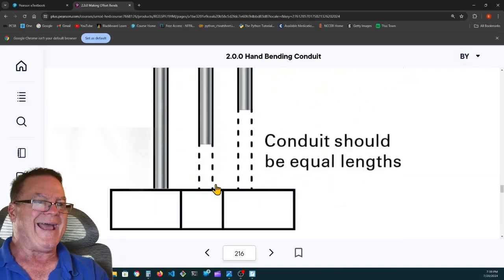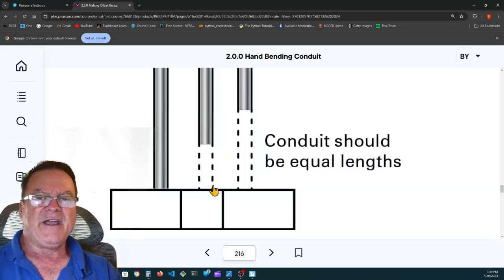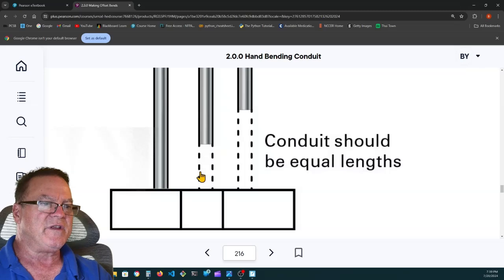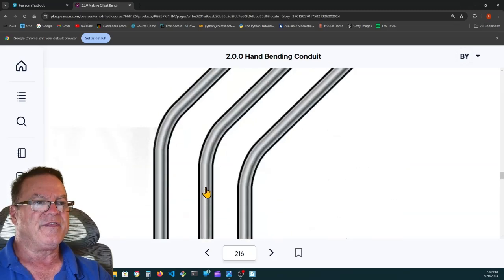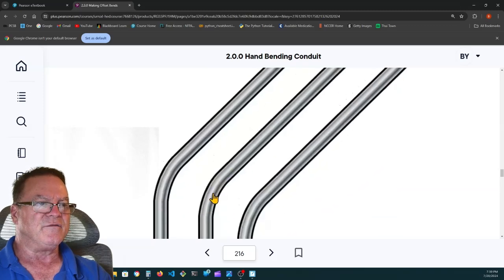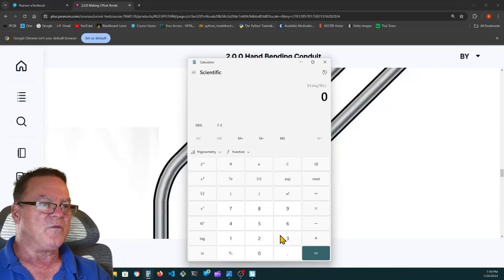So what we're going to do is add the tangent of half theta times the distance between the conduits. So whatever distance you have, if it's 3 inches between these conduits, we'll do 3 inches times the tangent of half of this angle. If this is a 30-degree bend, we'll use half theta, 15 degrees, and we'll take the tangent of 15 degrees.